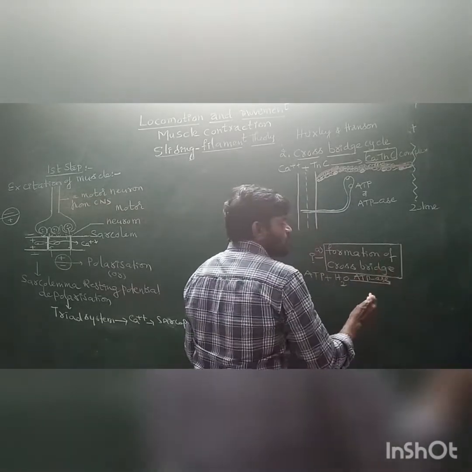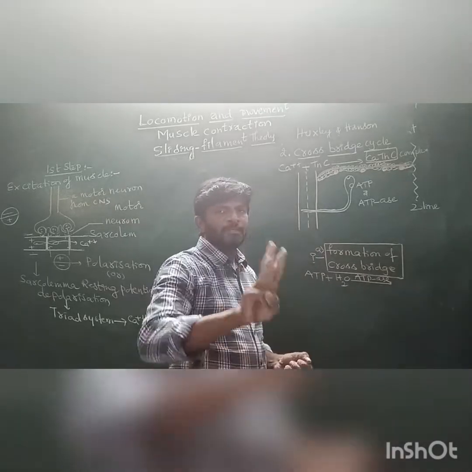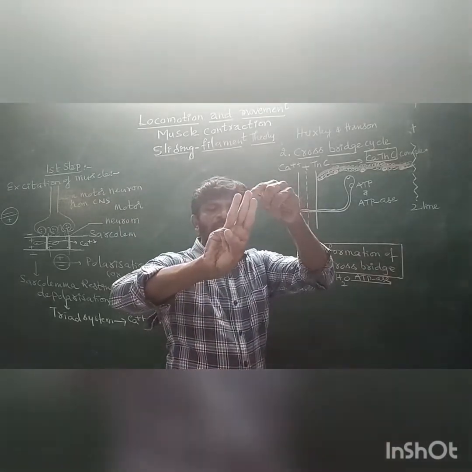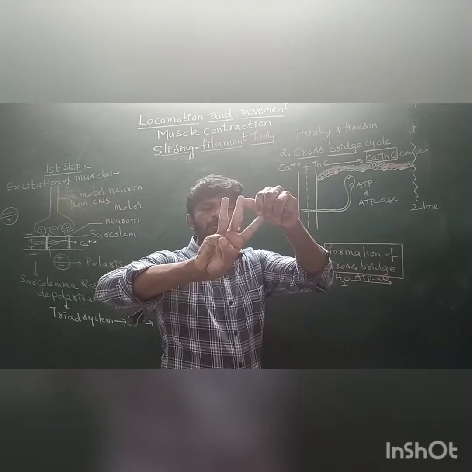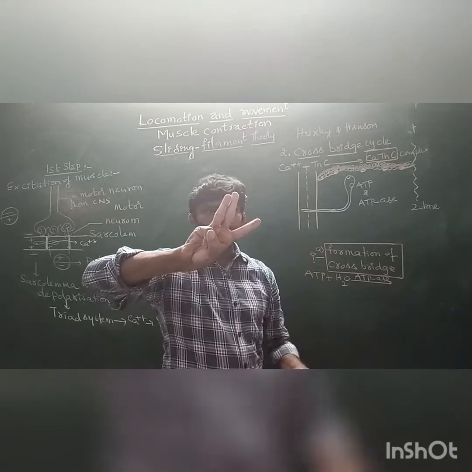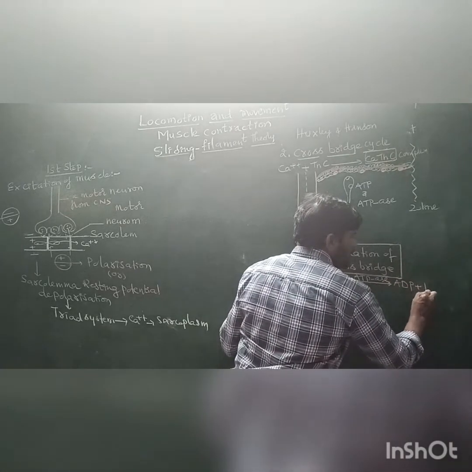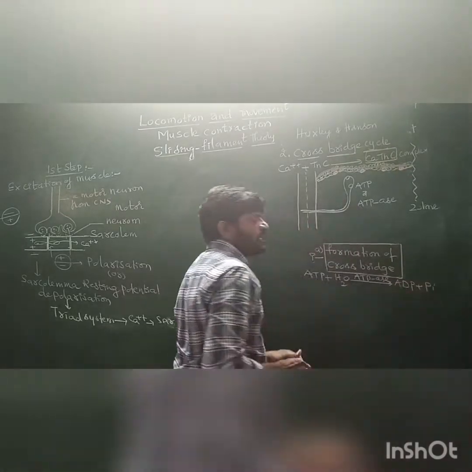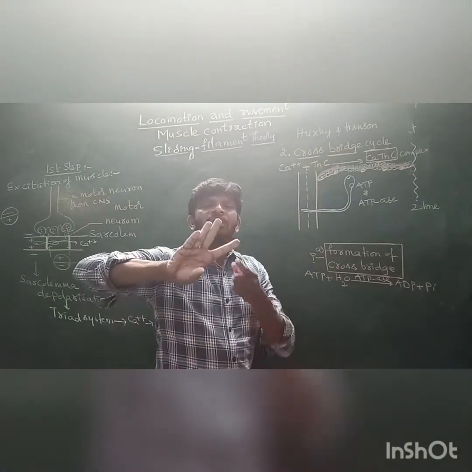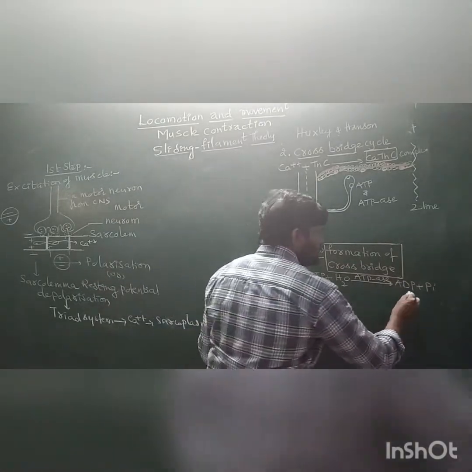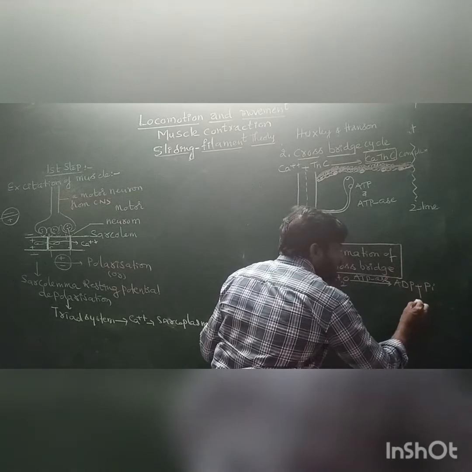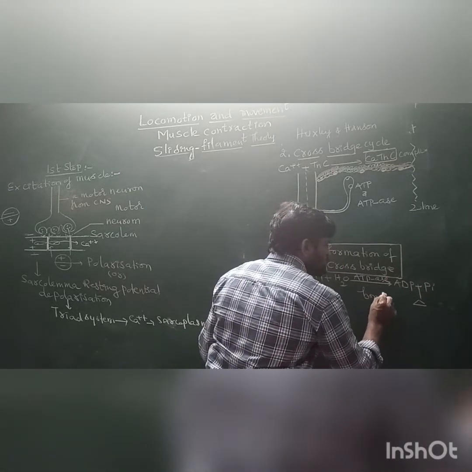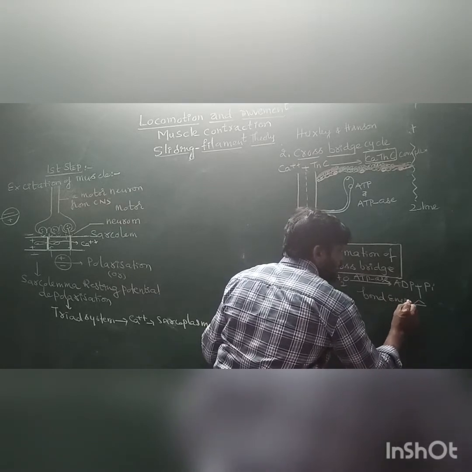This is, for example, one more active site. The head of the meromyosin enters into the active site of the actin; this is called cross bridge formation. Still, both ADP and inorganic phosphate are present within the head of the meromyosin.